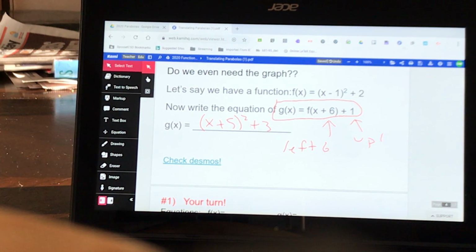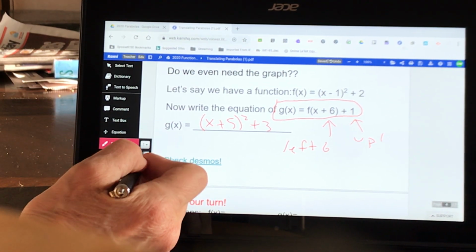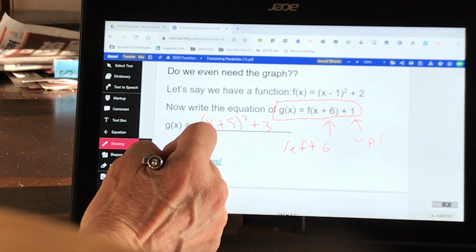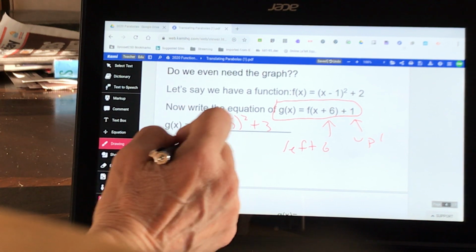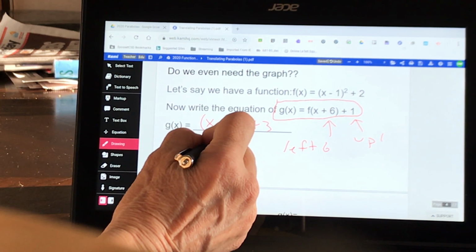Well, we can check to see if that equation is correct, because if that equation is correct, the new vertex should be -5, positive 3.